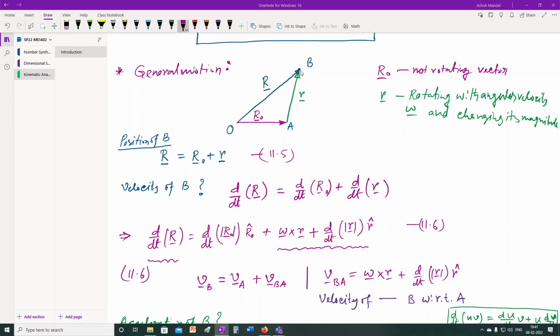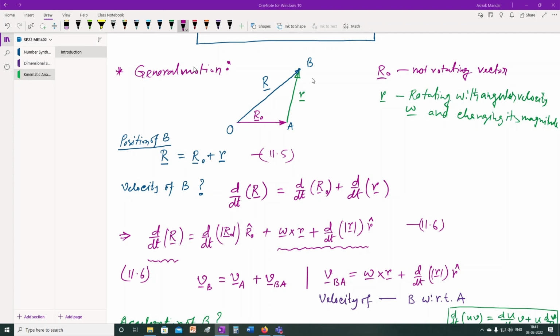Then that is nothing but this case only. I'm saying that A is also rotating and changing its magnitude, and B is also rotating. Then first we will do analysis of that link. When we do analysis of that link, the same formulation is valid. Do you get my point?